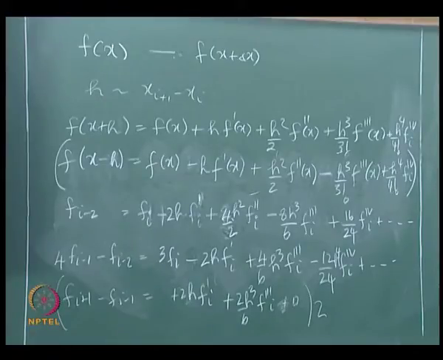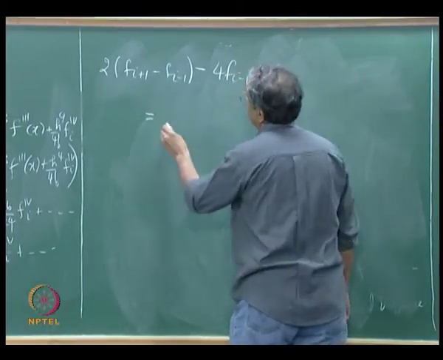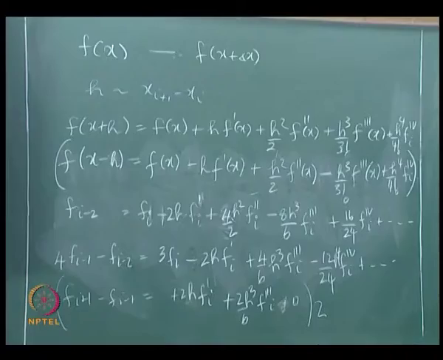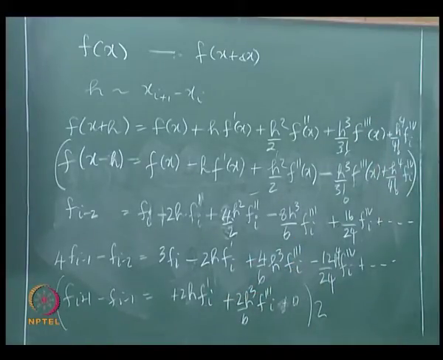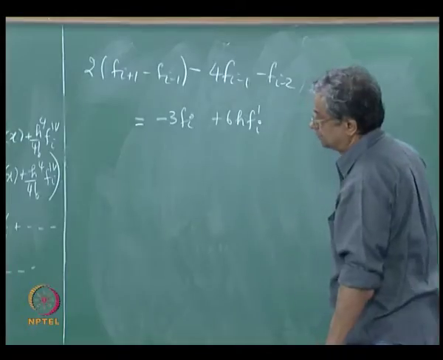This gives me minus 3 f(i) plus, there is a 2h f prime and a 4h f prime, 6h f prime at i. What else?